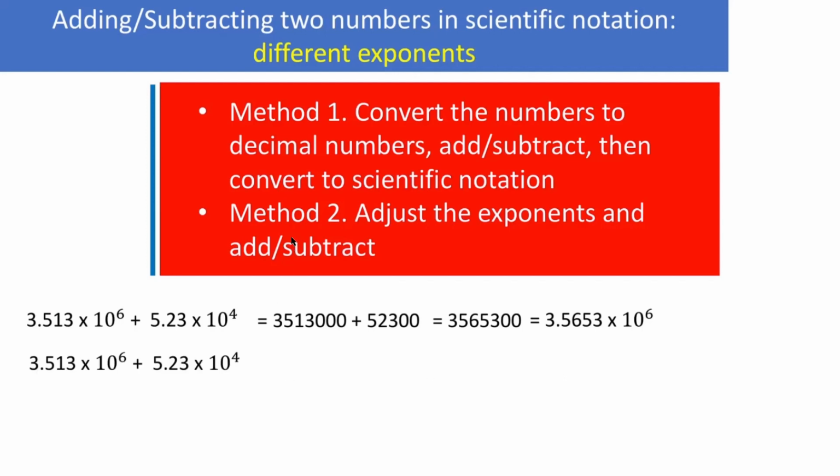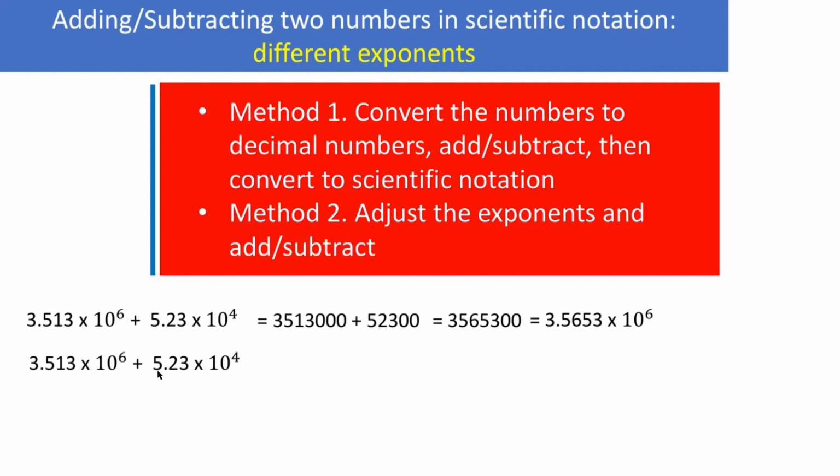Now, if I want to use method number 2, I normally use the smaller of the two exponents. Okay, you can do the other way around. We will give you an example later on, but it requires an additional step. So if I take the 4 here, I want to make this 10. I need to make this 6, the same as this 6.